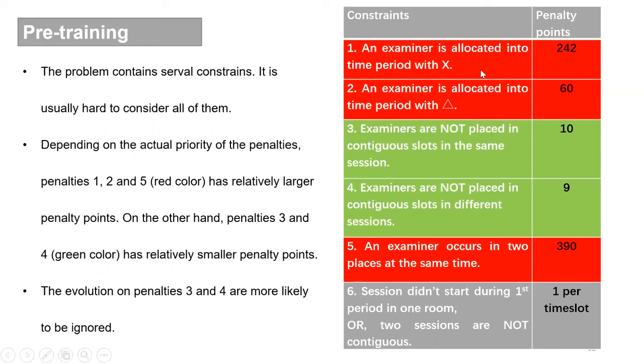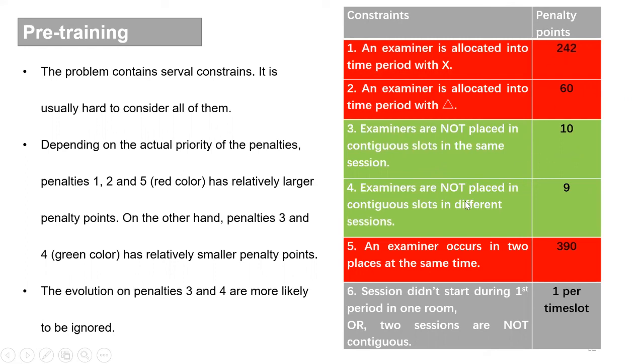As already mentioned, based on the priority, each constraint has different penalty points. Constraints 1, 2, and 5 have relatively larger penalty points, which is the red color here. And the constraints in green, 3 and 4, have relatively smaller penalty points.